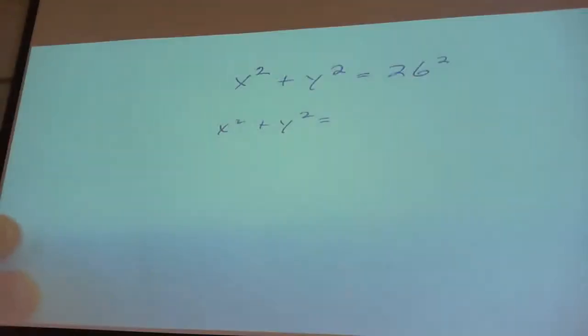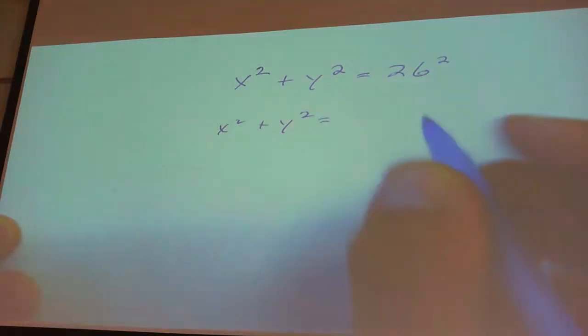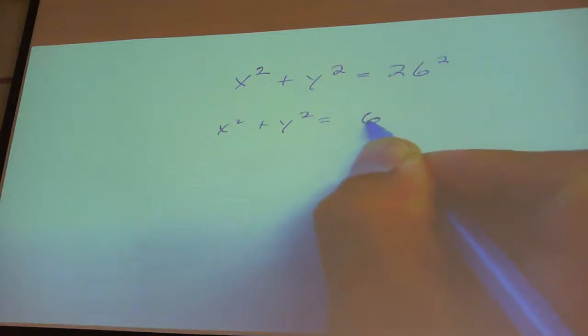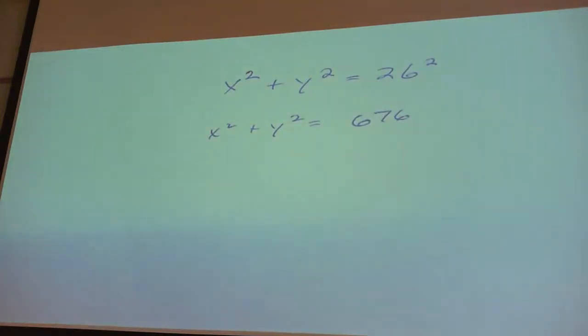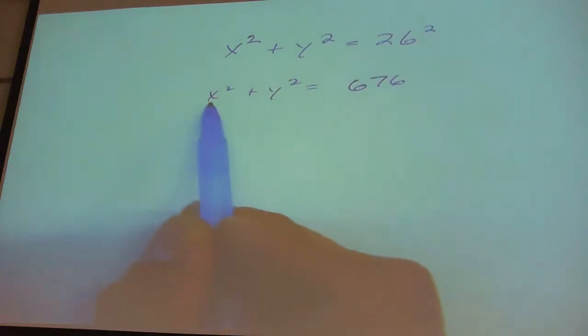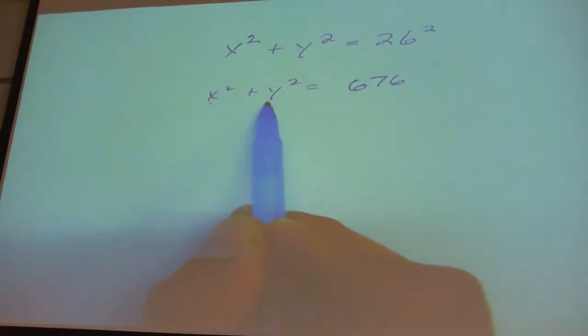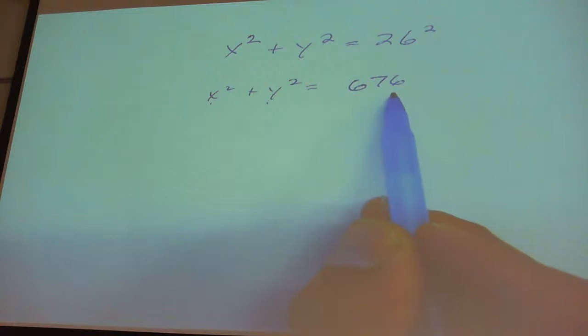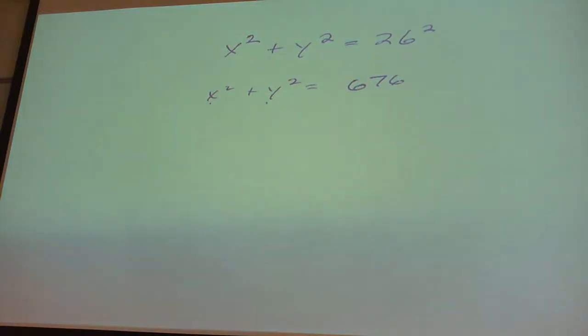Don't put that in the calculator. 26 squared, what is it? 676. Are we okay? Now, this just tells me the distance from the wall and the distance up the wall equals 676. I'm trying to find how things change. Rate of change. So anytime I say rate of change, that means what? Derivative. Are we okay? So let's take the derivative.